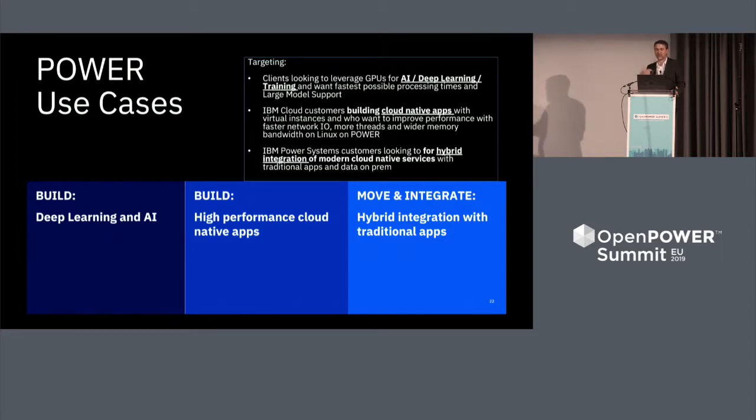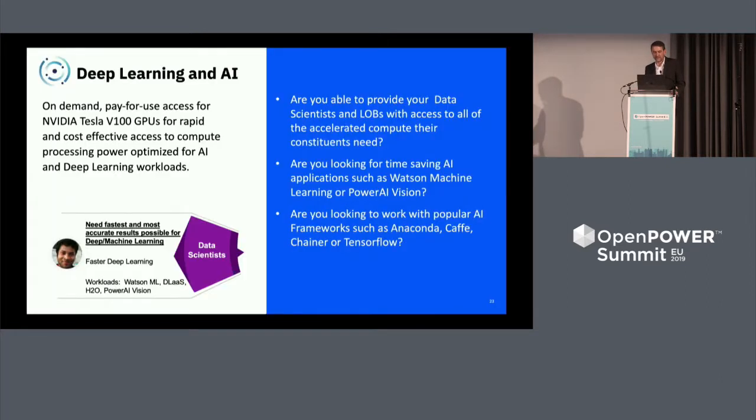Although as we roll out more functions and features, there's going to be more support for transitioning existing workloads into the cloud too. We're looking for hybrid integration of modern cloud-native services with traditional apps that you have on-prem. And so those are kind of the three areas there.